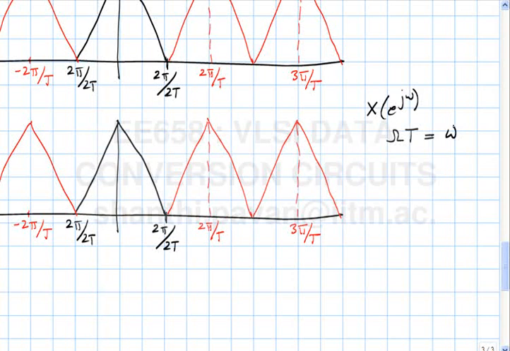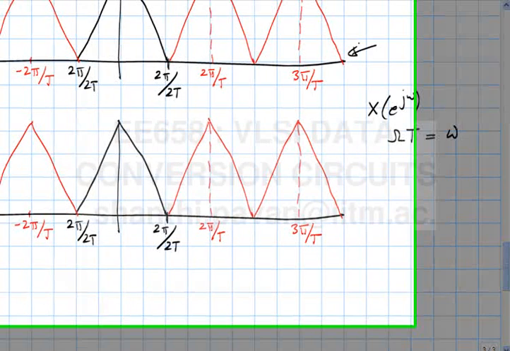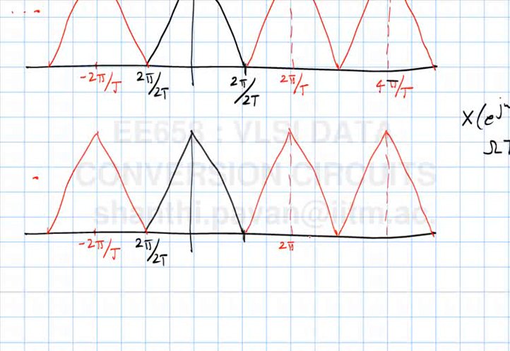So in other words, I multiply the x-axis here by T. So this becomes pi, this becomes 2 pi, this becomes 4 pi, and so on, and this becomes minus pi, minus 2 pi, minus 3 pi, and so on. This is the discrete time spectrum.